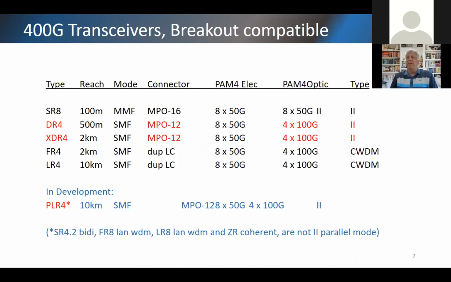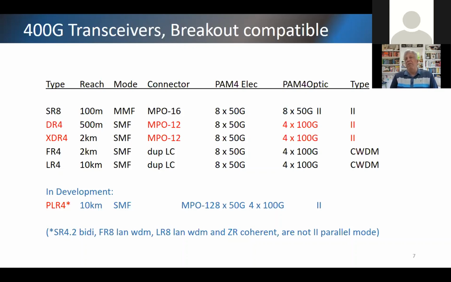When you get it down into FR4, which is the standard 2 kilometer reach, you're going to find that it's CWDM, or coarse wavelength division multiplexing. That's where we're going to take 4 signals, and we're going to mux them into 1 signal and send it down the line, which is not going to be compatible with breakout applications.